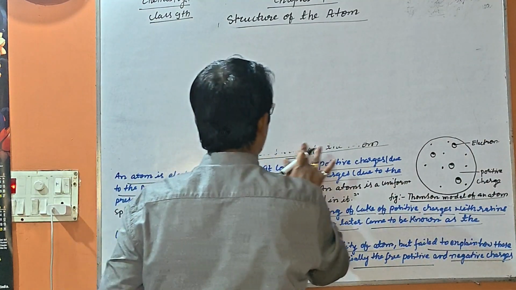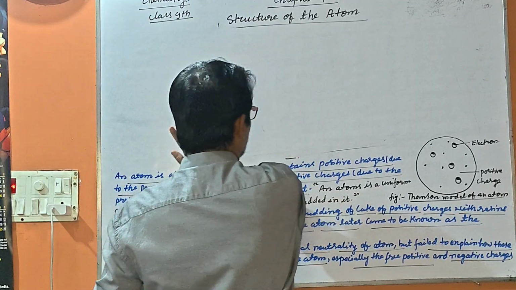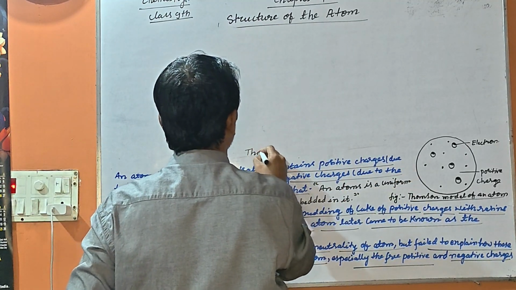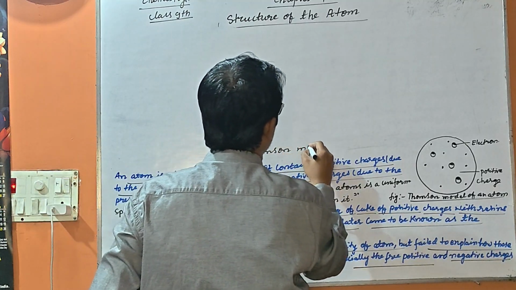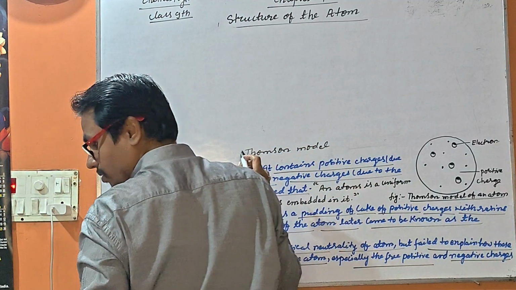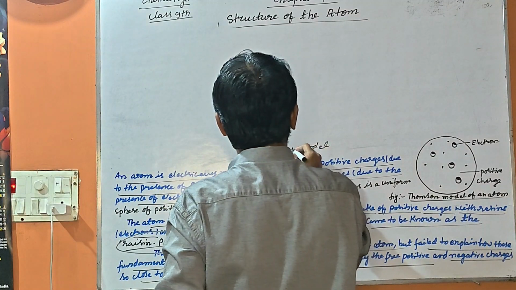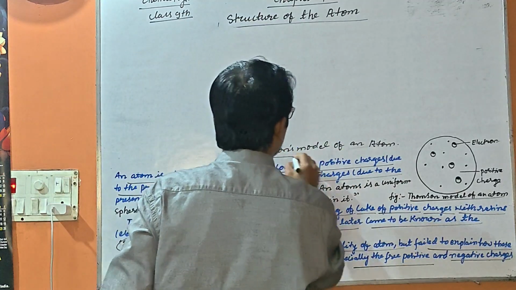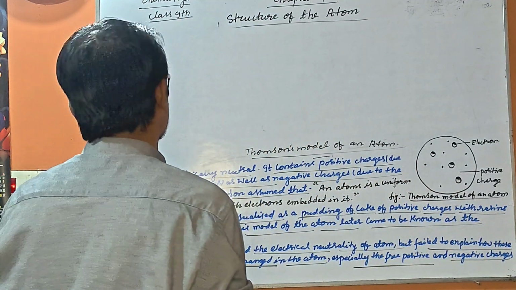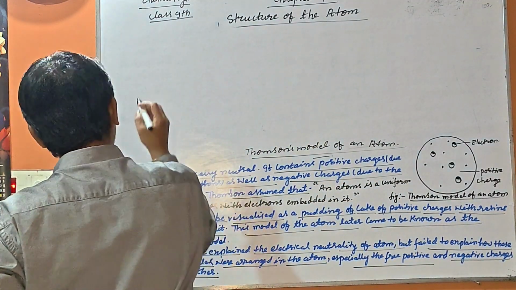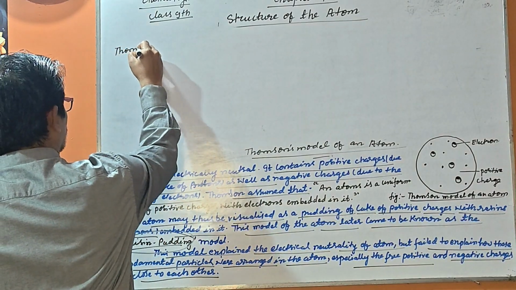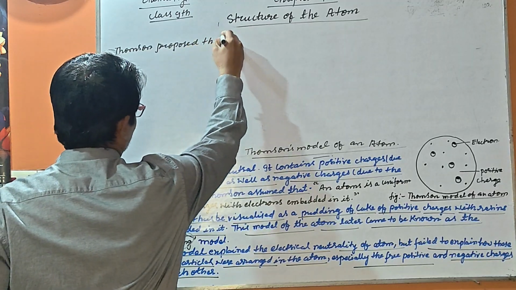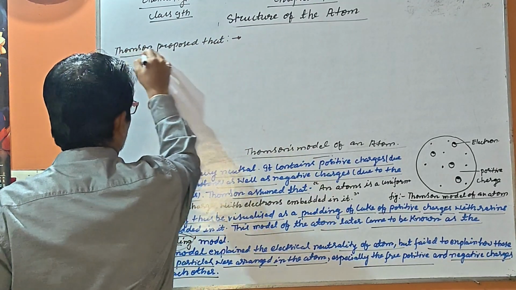The Thomson model of an atom. Thomson proposed only two points.